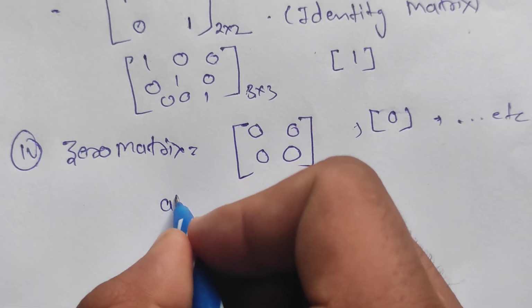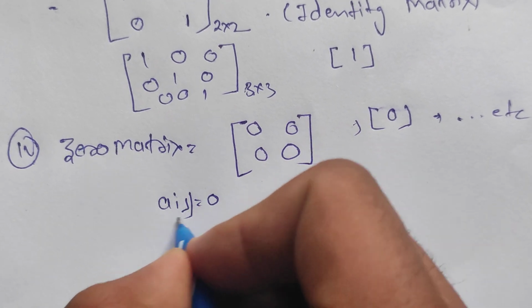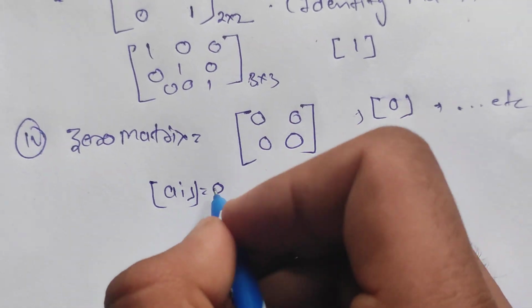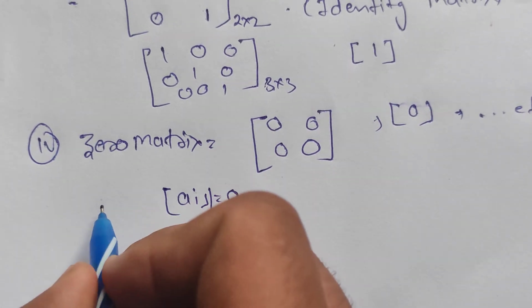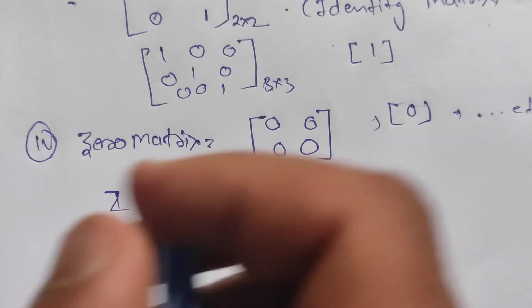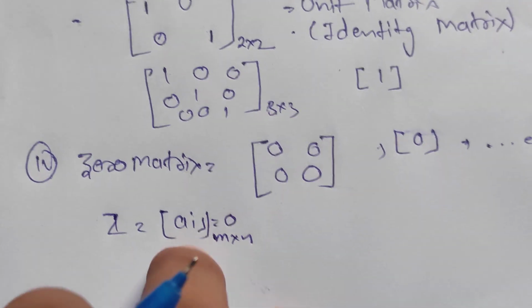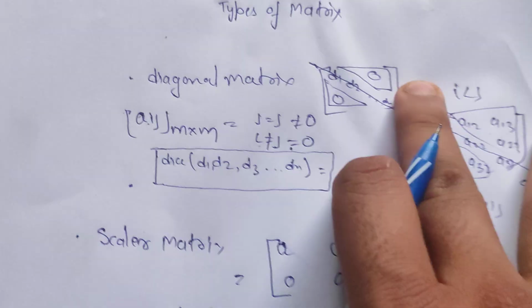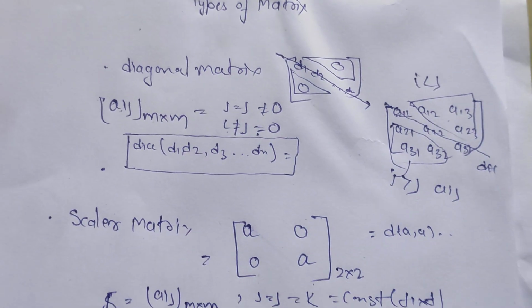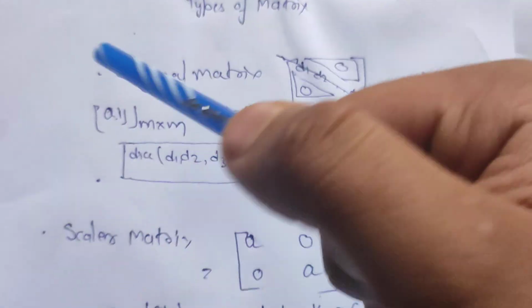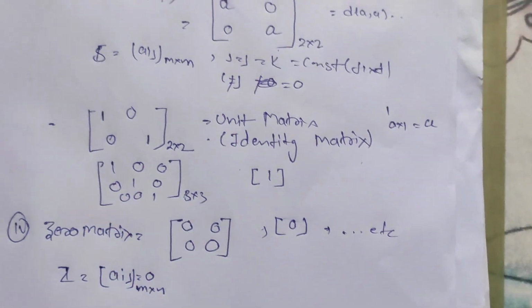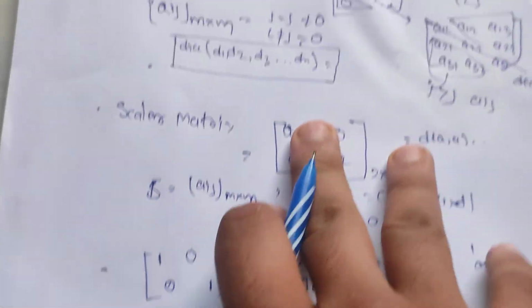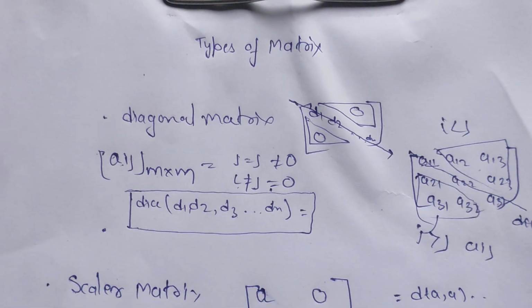So we can say that if aij is equal to 0 for all entries of an m cross n matrix, let's say Z, it is called the 0 matrix. So these are the remaining types of matrices: the diagonal matrix, scalar matrix with the fixed value, identity matrix, and 0 matrix. All these types of matrices are now complete.